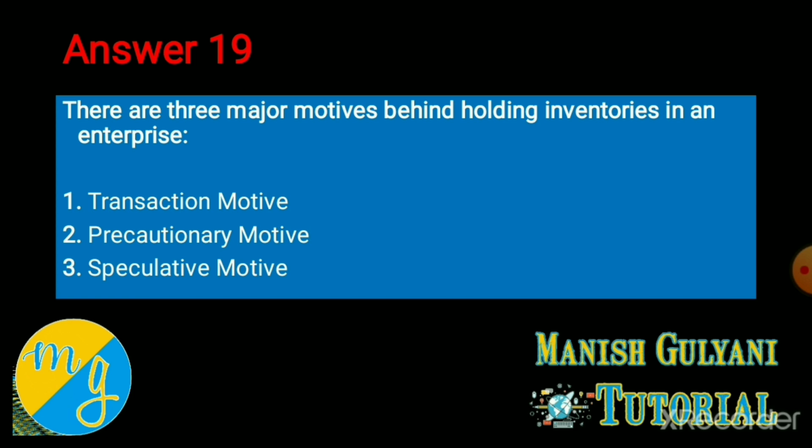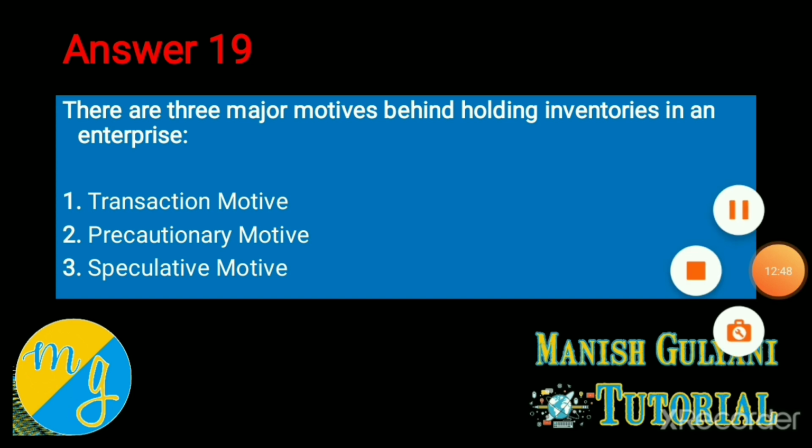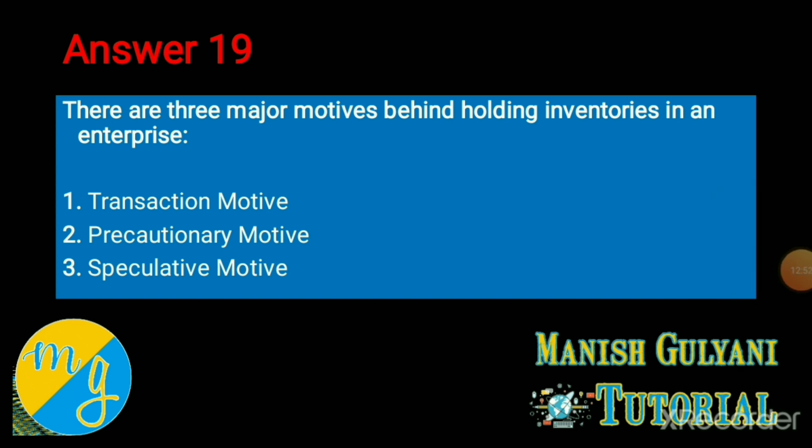Second one is precautionary motive. As per this motive, inventories are also held with a motive to have a cushion against unpredicted business, meaning all of a sudden the supply of raw material may get delayed due to factors like strike, transportation problem, shortage of supply, lengthy process involving import of raw material.